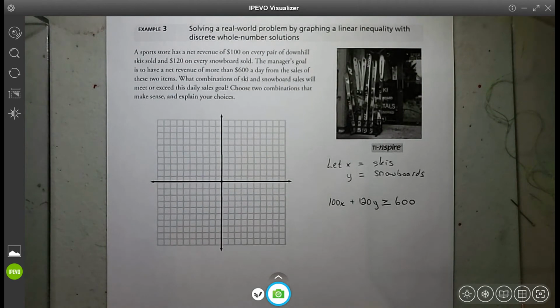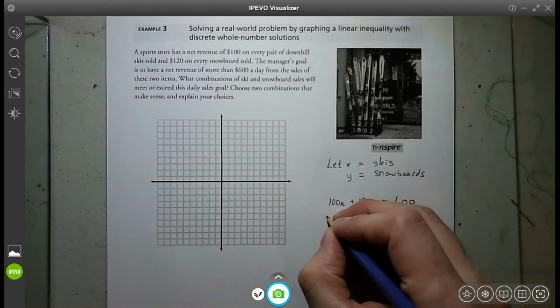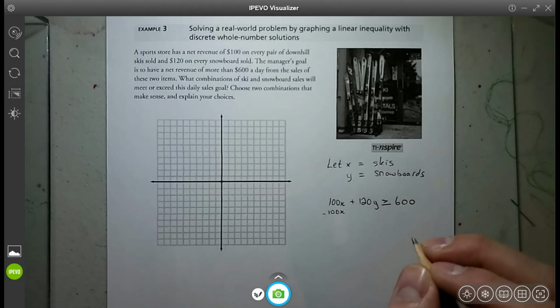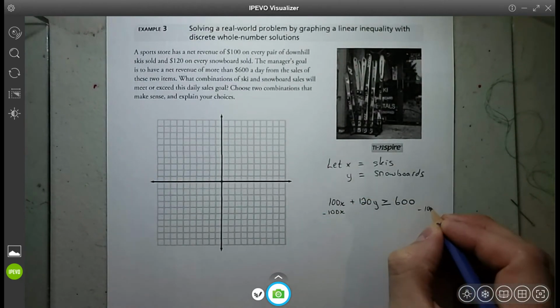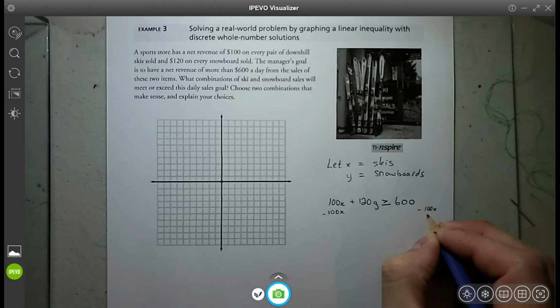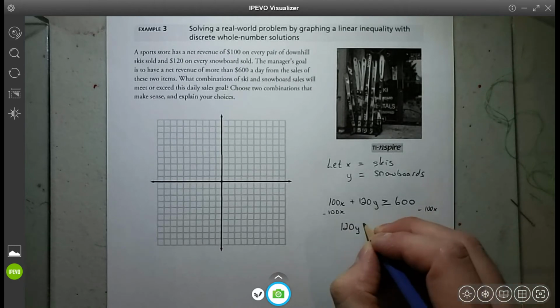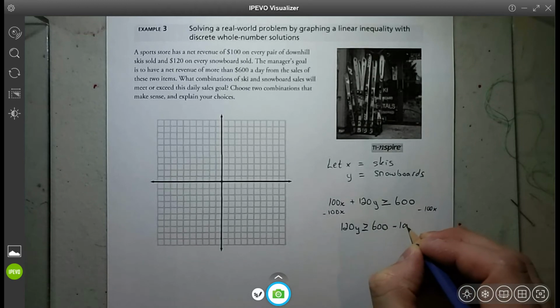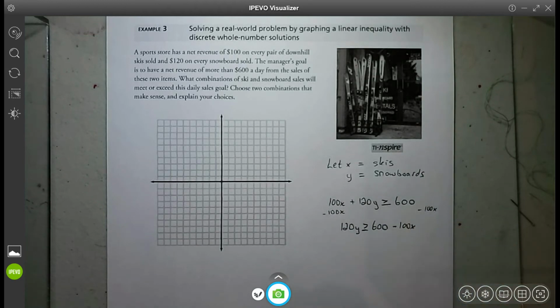Now we need to graph that, so we need to get y all by itself. So let's subtract 100x from both sides. And we divide both sides by 120.